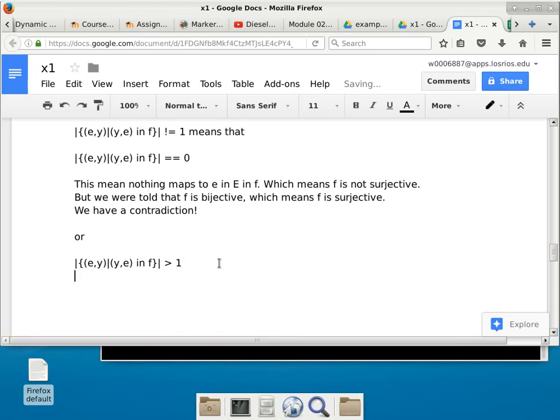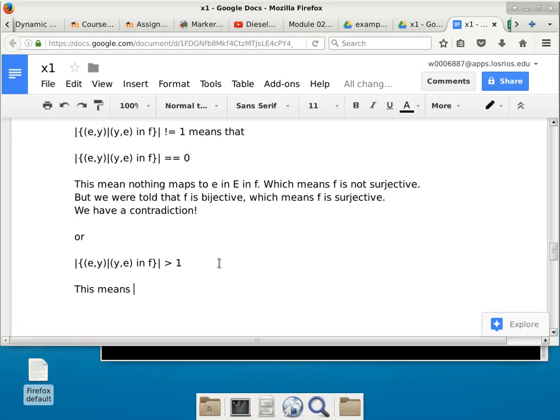The second one is like this. Okay, what does that mean? Well, if you look at this one, then this means what? Remember, E is coming from the codomain of F. And I can find two tuples in F where E is the second component. What does that mean for F? At least one element maps to the same place in F. Okay, so let me say that one more time.